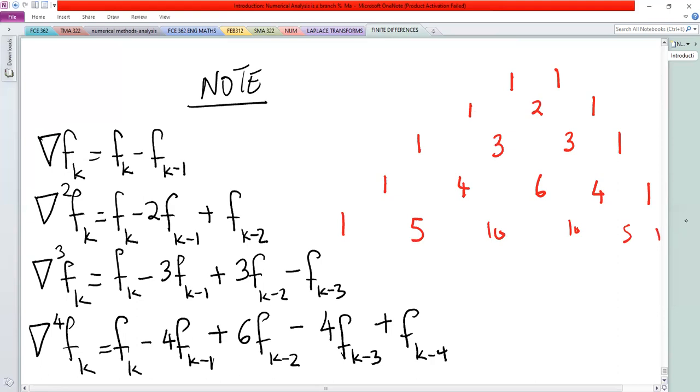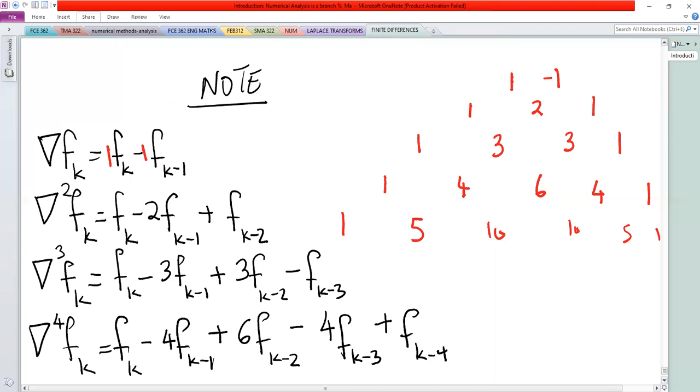There's some relationship between the coefficients of these functions and these binomial coefficients in the Pascal triangle. But you see the first difference, this is 1, negative 1. So it's simply 1 and then negative 1.